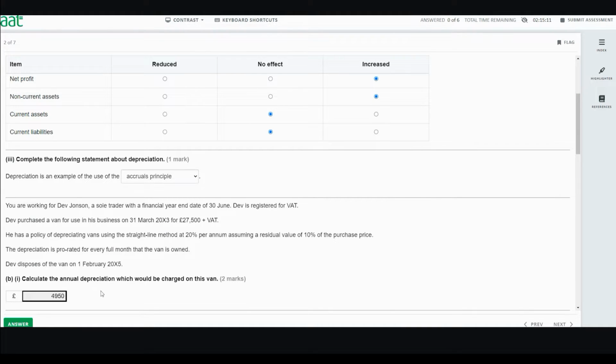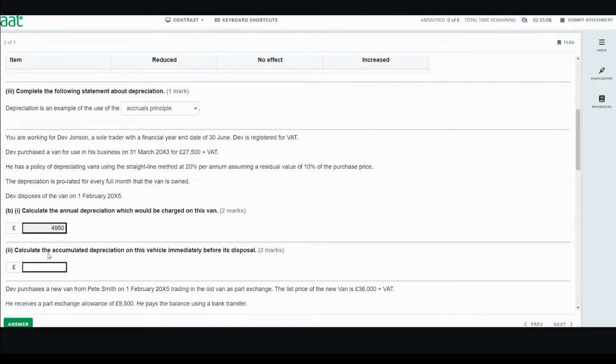Now it says calculate the accumulated depreciation on the vehicle immediately before its disposal. Remember, we are prorating for every full month that the van is owned. We bought the van on the 31st of March, so that's not a full month. So we start from the 1st of April 2023.